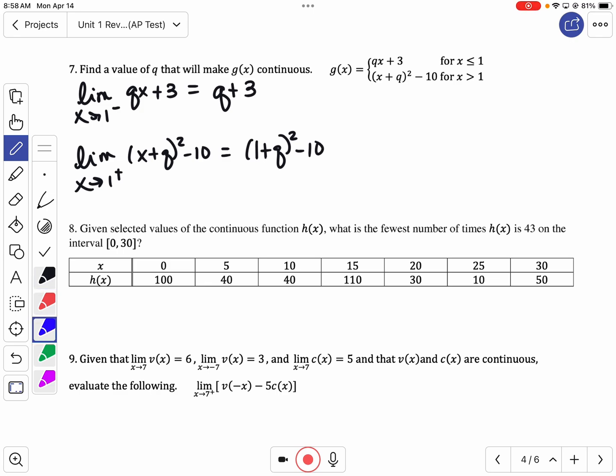And now we take those two expressions and set them equal. So q plus 3 would have to equal 1 plus q squared minus 10. They love this problem. You can count on seeing it. Go ahead and solve.